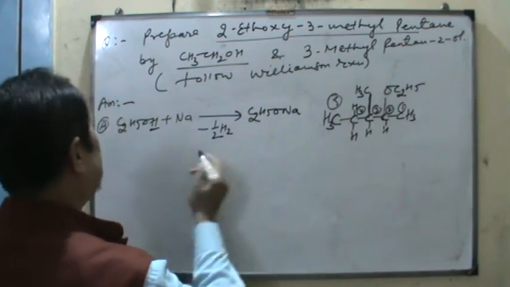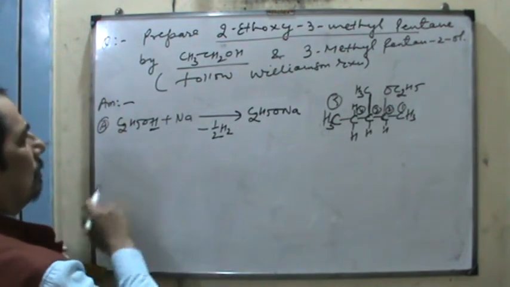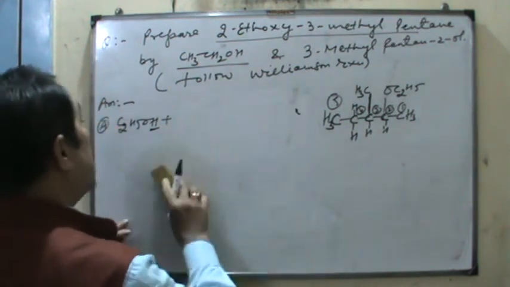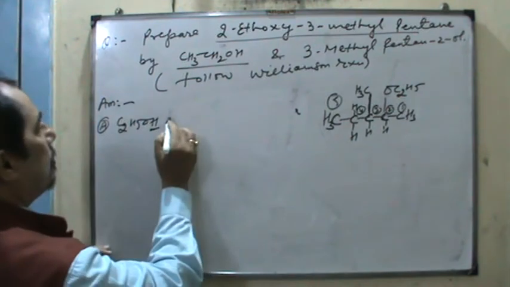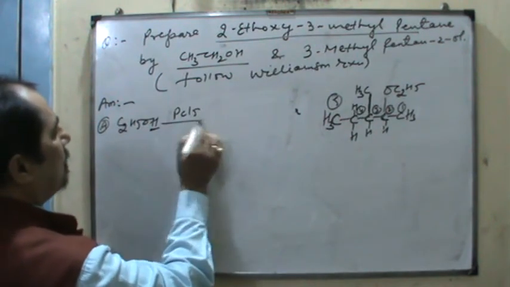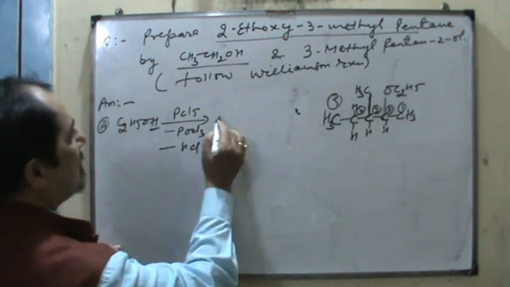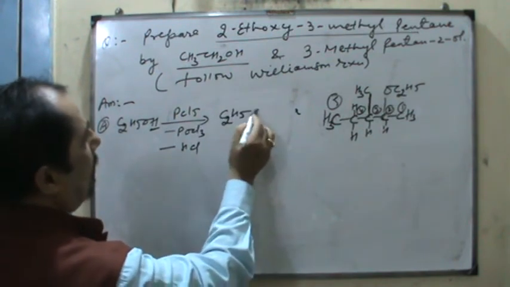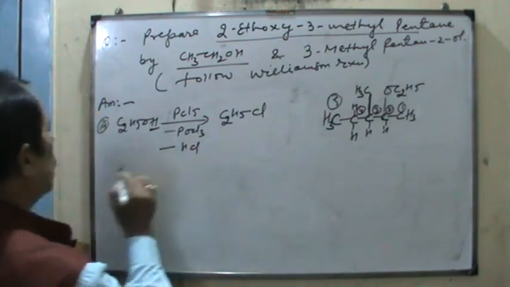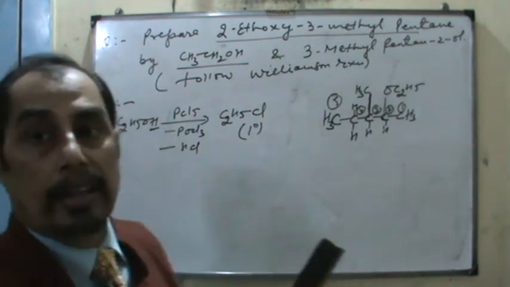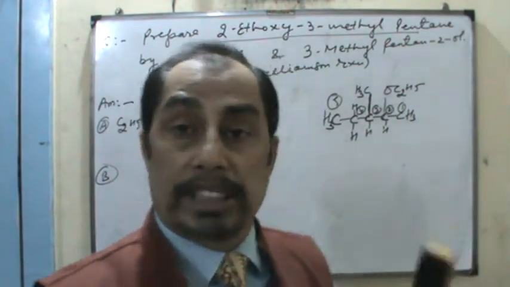But this is wrong, I think, because we have to take a primary halide. So better to take PCl5 or thionyl chloride, minus POCl3, minus HCl, and C2H5Cl is obtained. It is a 1 degree halide, because a primary alkyl halide must be taken.